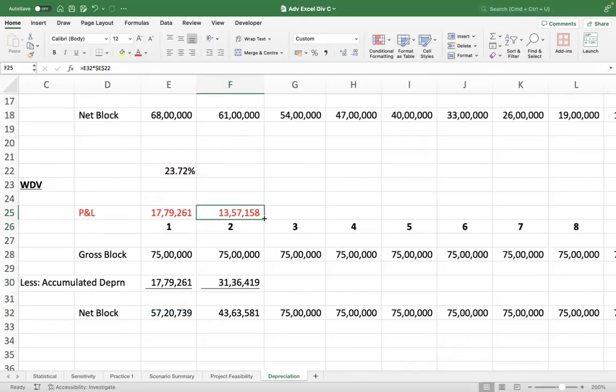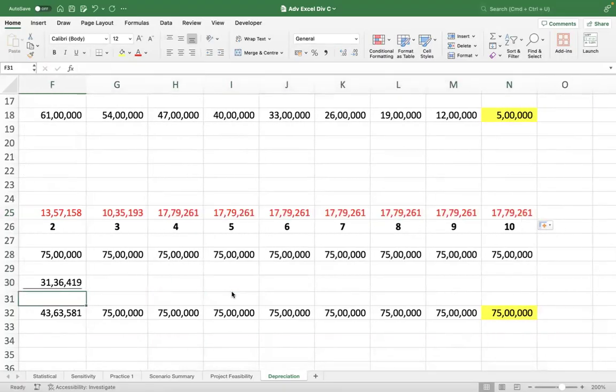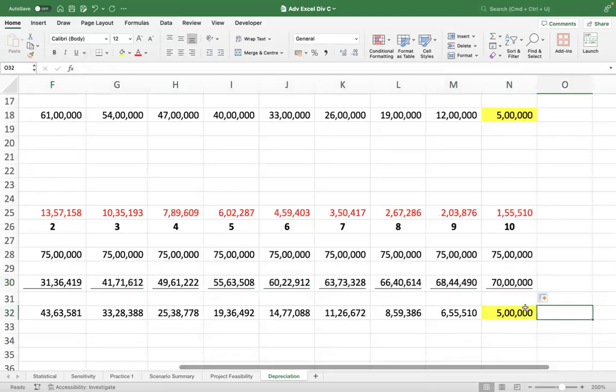And I just need to drag this to the right. And here also I need to drag this to the right. Now again, what are you seeing at the end of the 10th year? You are seeing a salvage value of 5 lakh rupees, which means your WDV working is also correct.